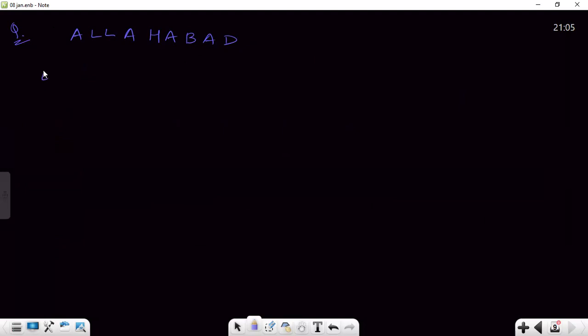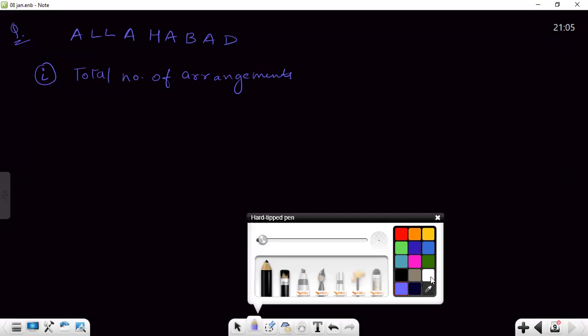In the first question, we have to tell how many different words can be found with these letters. Total number of arrangements, basically the total number of words that can be found using the letters of this word.